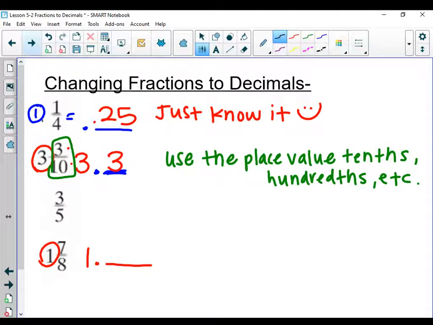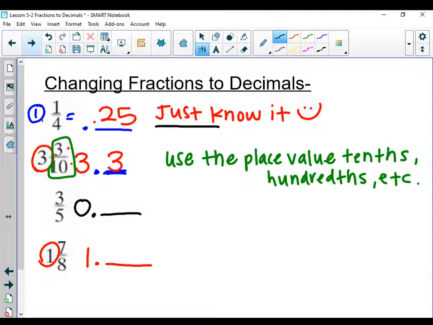Strategy 3. What's the whole number? There isn't one, which is a lot of times you see people putting a 0 there. Now, fifths. Some of you might have that memorized like the just know it. If not, use the place value chart. Where's the fifths place value? You're telling me there isn't one? That's ridiculous.